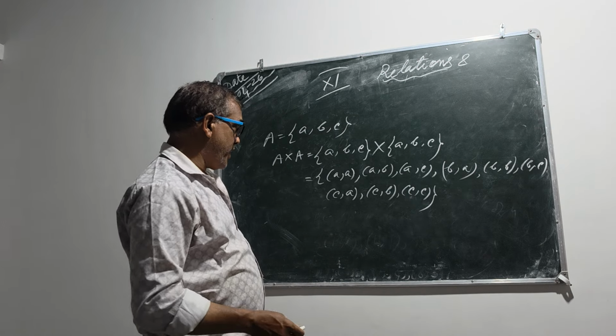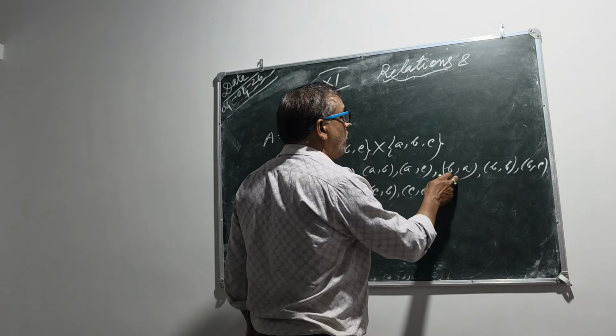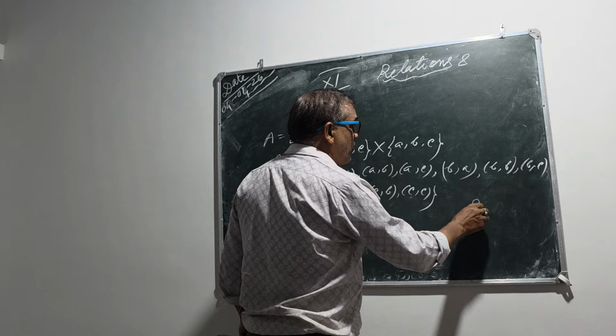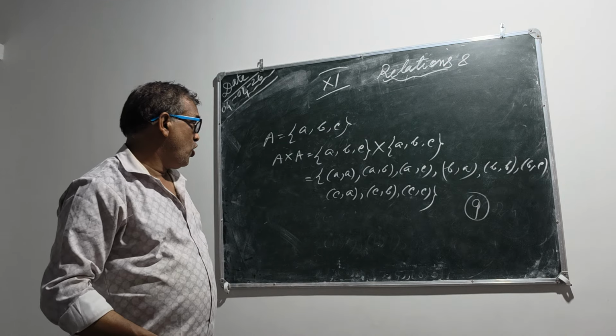So how many ordered pairs? 1, 2, 3, 4, 5, 6, 7, 8, 9. The total number of ordered pairs will be 9 here.